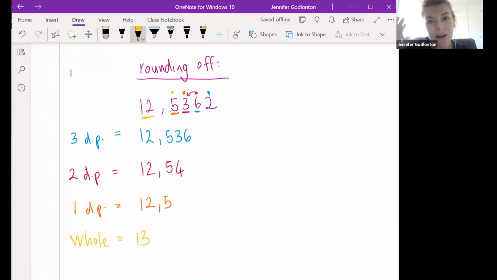And if the number is 5 and bigger, then the number changes. And if the number is smaller than 5, it stays the same. Okay, just a little baby tutorial on rounding off. If you struggle with rounding off, I recommend you take a screenshot of this. And then I think we'll quickly jump down to Brian. And then I'm going to give you a couple of questions to try by yourselves.